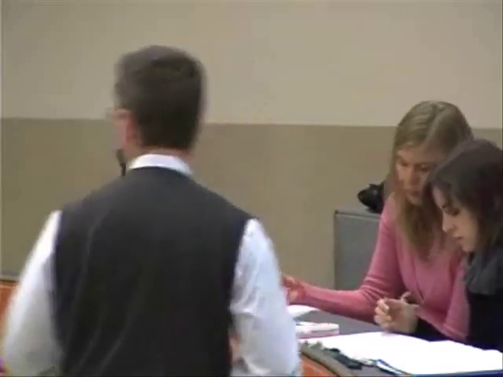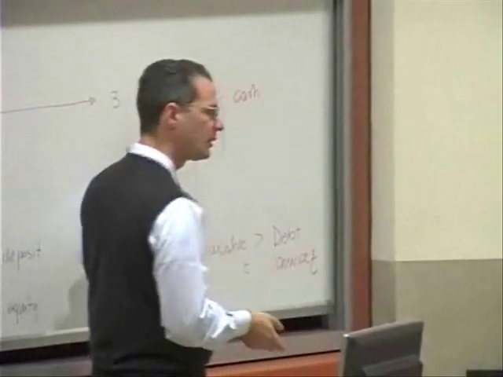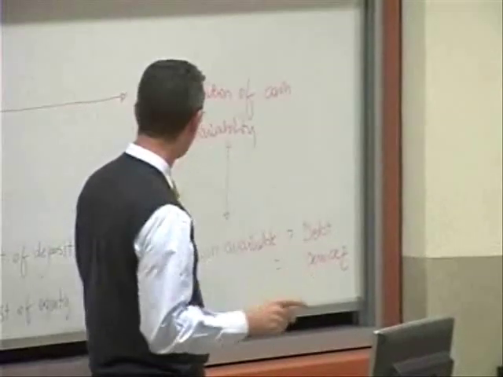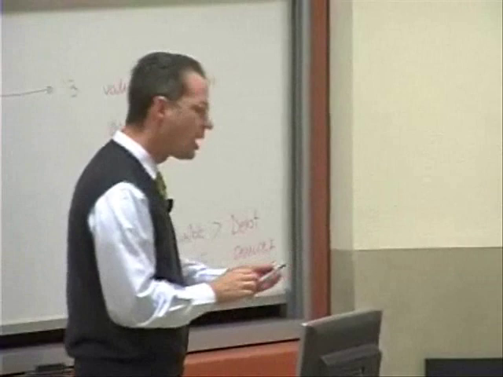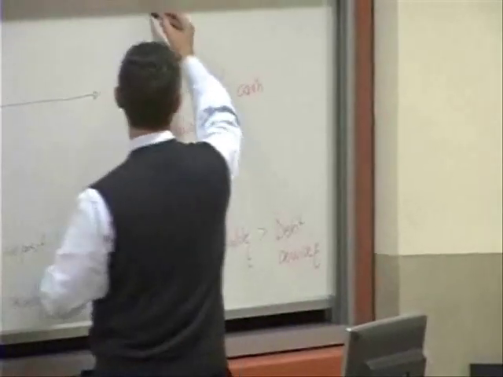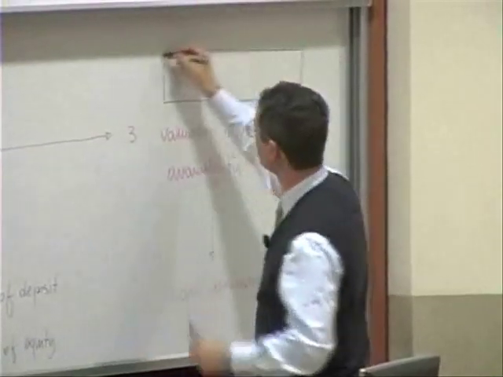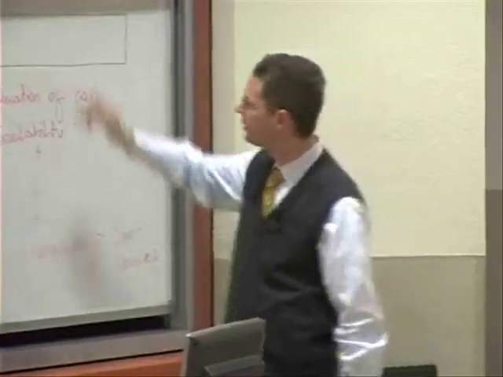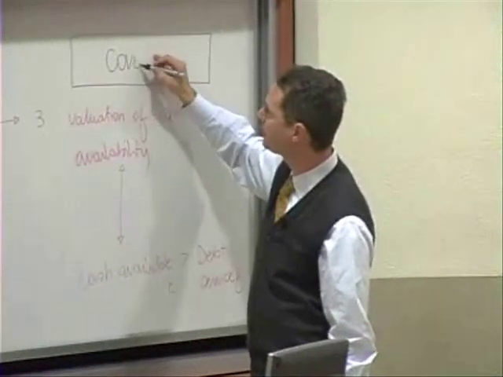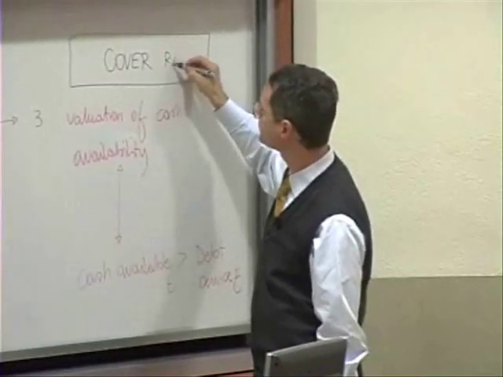Okay? So I must identify some form of calculation in order to keep under control the relation between the cash available and the debt service. And these calculations are based on two basic ratios that we will analyze in a couple of minutes, whose name is technically cover ratios.